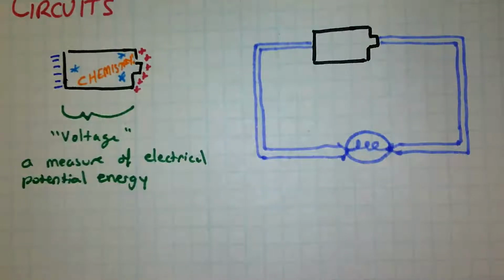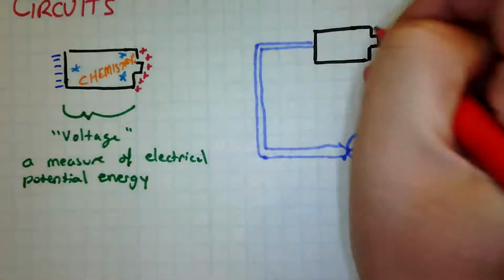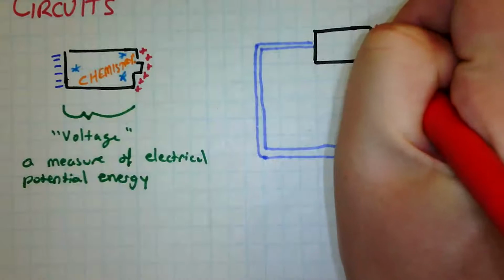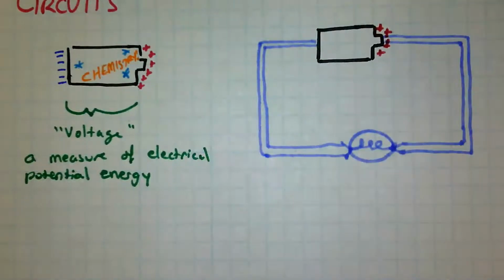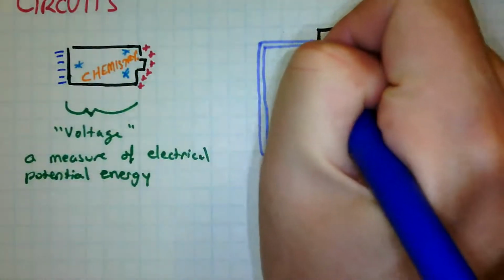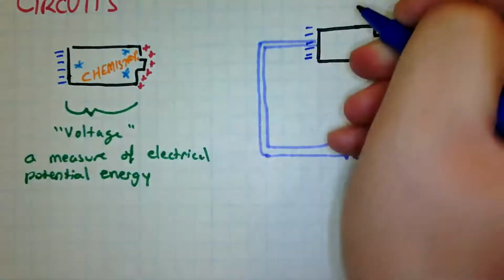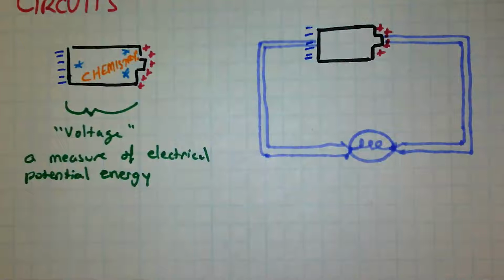So again, what we've done is the magic of chemistry has made there be a lot of positives on this side of the battery, and a lot of negatives on this side of the battery. And the result of this is that, again, those charges want to attract each other, but it turns out that it's much easier for them to move through a conductor than through an insulator.